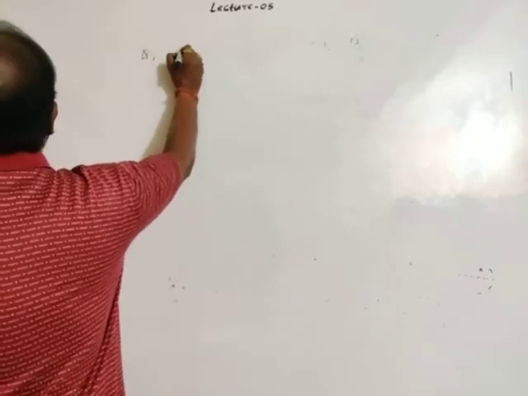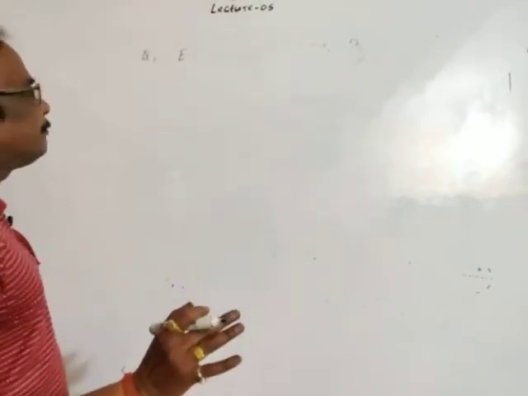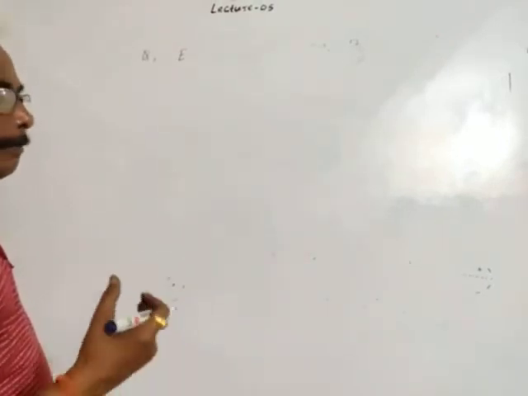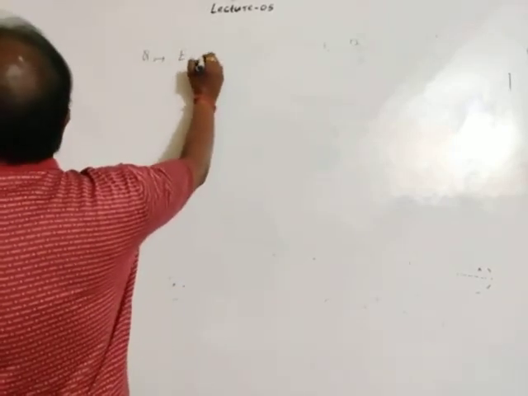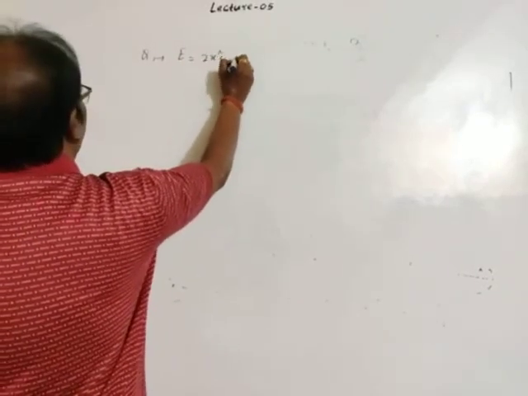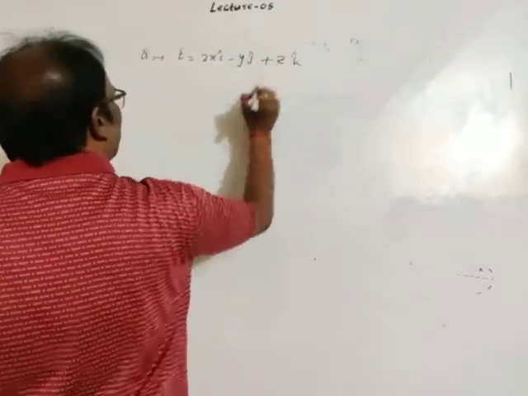Let electric field, I am just writing the expression whatever I am thinking. Electric field is given as 2x i cap minus y j cap plus z k cap.